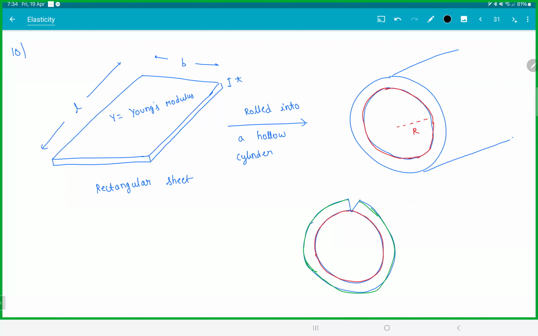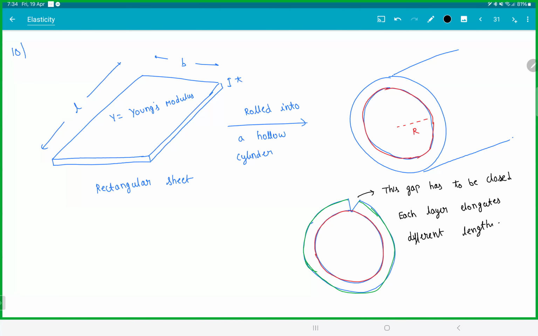So this gap has to be closed, that means the sheet is actually stretched. So each layer is elongating different amounts. Getting the idea? So everything is elongating different amounts.